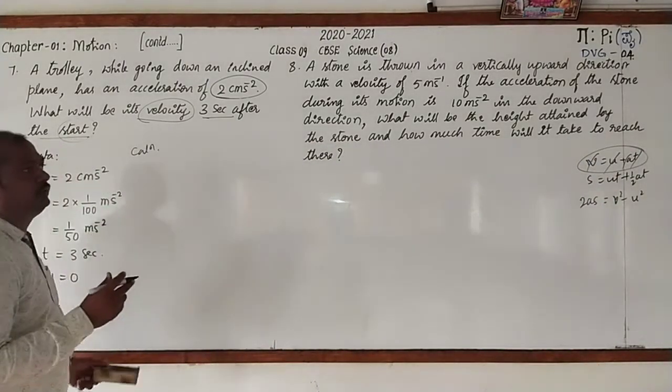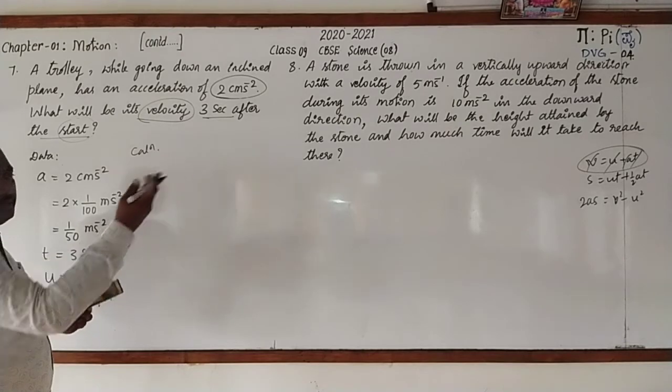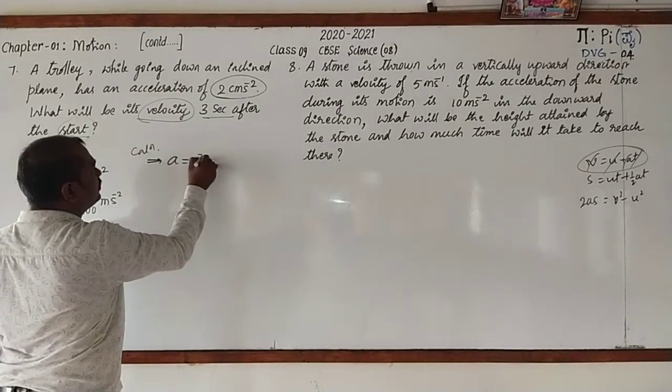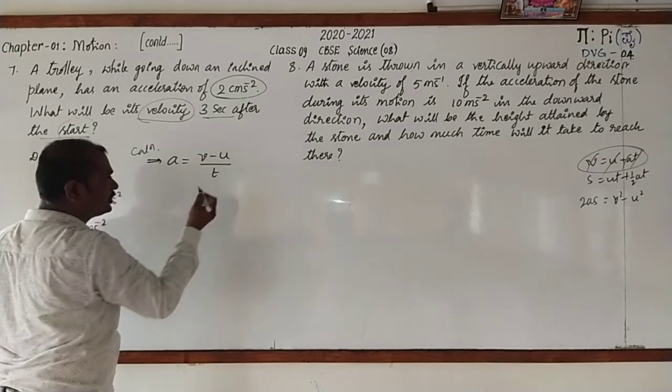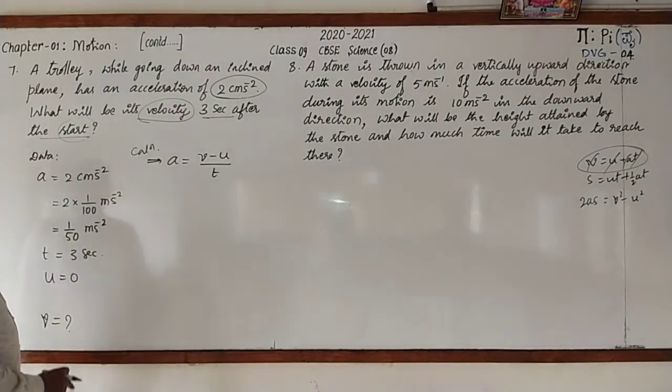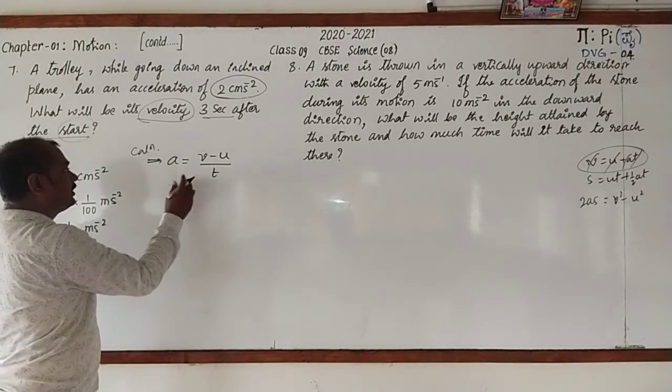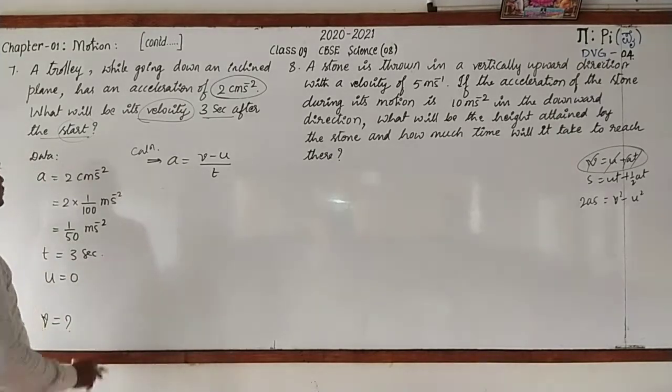Alright, v equal to u plus at. It is nothing but acceleration only. It is a equal to v minus u by t. Both are same. Next, in this you are going to find out v. Cross multiply, or else first you go for taking substitution. What is it?